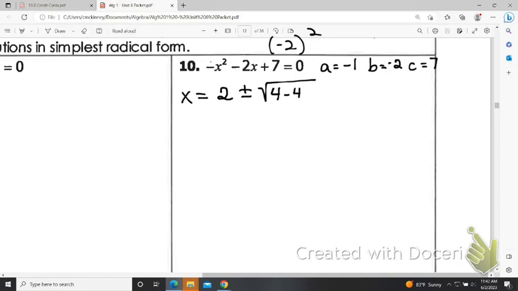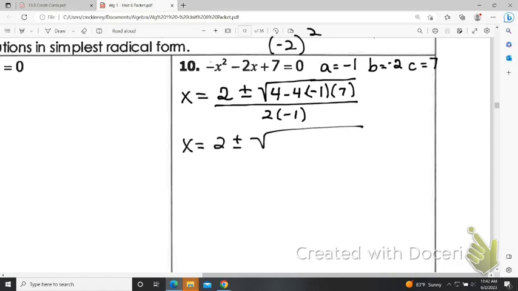Minus 4 times a, times c, so negative 1 and 7. And then 2 times negative 1 in my denominator. So 2 plus or minus, now I have 2 negatives, so this is 4 plus 28, over negative 2.